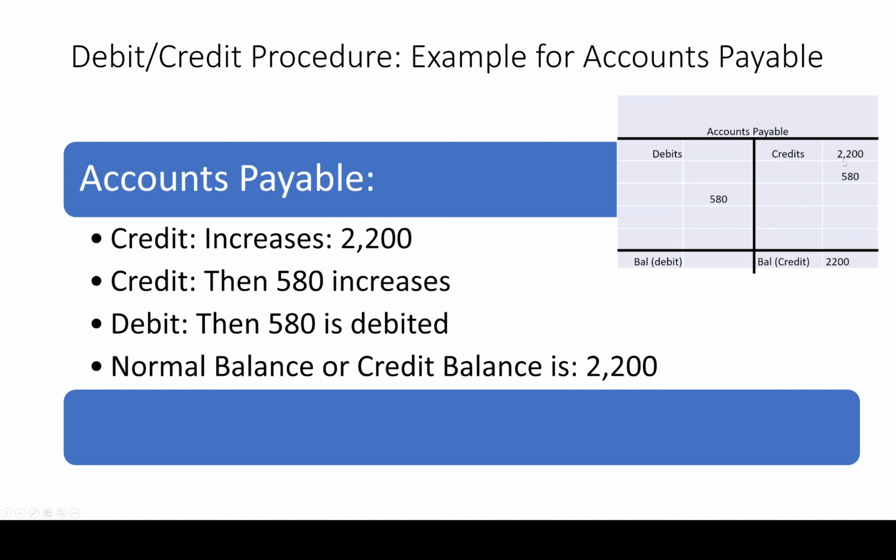When we sum $2,200 plus 580, you can take a calculator if you want, and then minus 580, it gives us $2,200, and that's why it says normal balance or credit balance. So if you say this accounts payable has a credit balance, that means the sum of credit transactions is more than the sum of debit transactions. That's what it means.